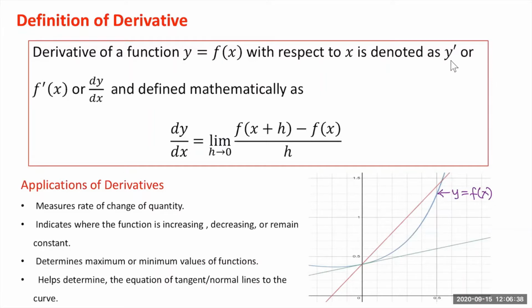These are all derivative. Y prime is the derivative, f prime x is derivative, dy over dx is derivative. They are the different forms of denoting the derivative. These are the different notations.